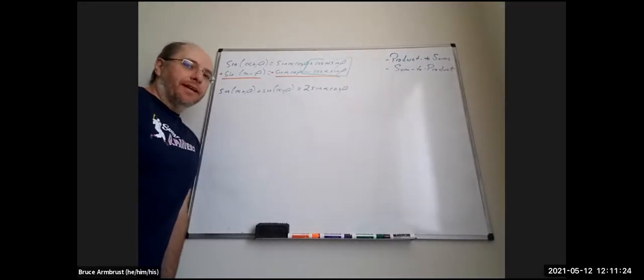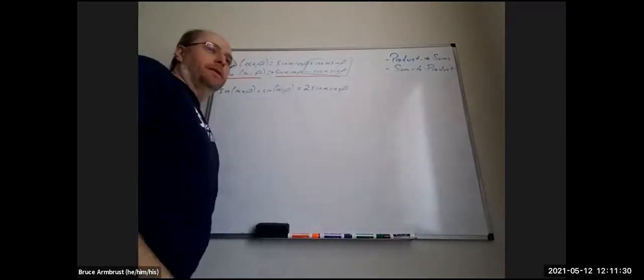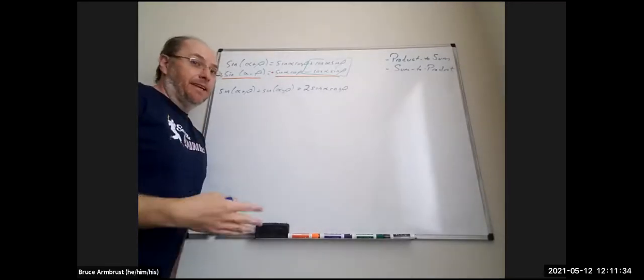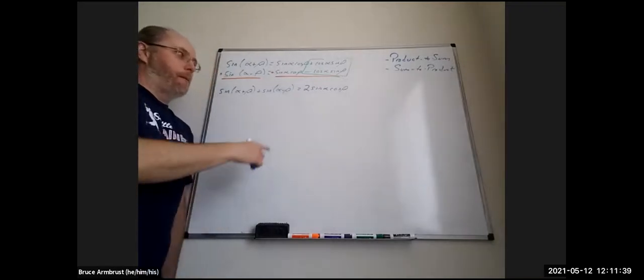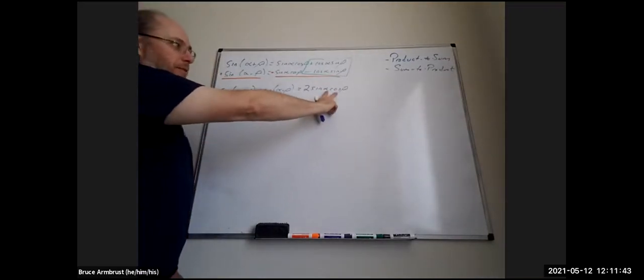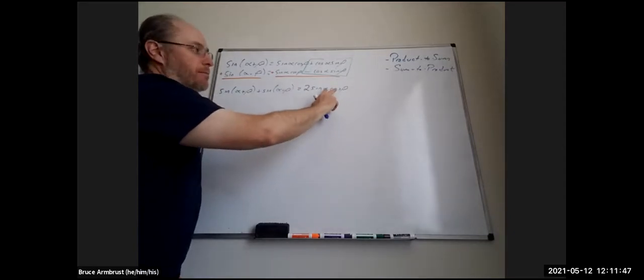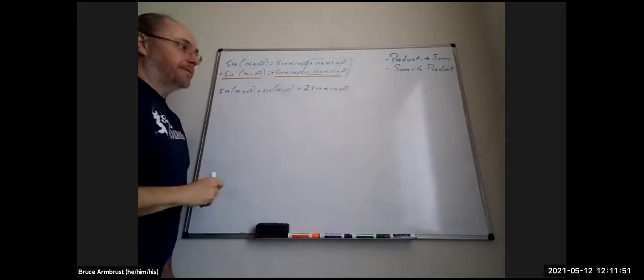Well, remember what we're working on? We're trying to create identities that take products to sums, where we're multiplying two things together and getting instead stuff that's being added. Well, isn't that kind of what's going on here? We've got some multiplication. I mean, we got that 2. We can move that over though. But we got multiplication that's leading to addition.